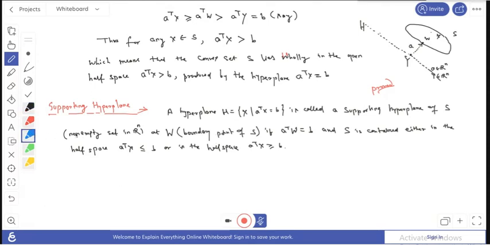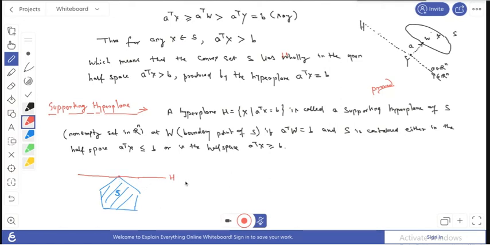Okay, so suppose we take this type of polygon, and of course this is a non-empty convex set. Here we take a hyperplane which passes through this point. Okay, so this is your supporting hyperplane.